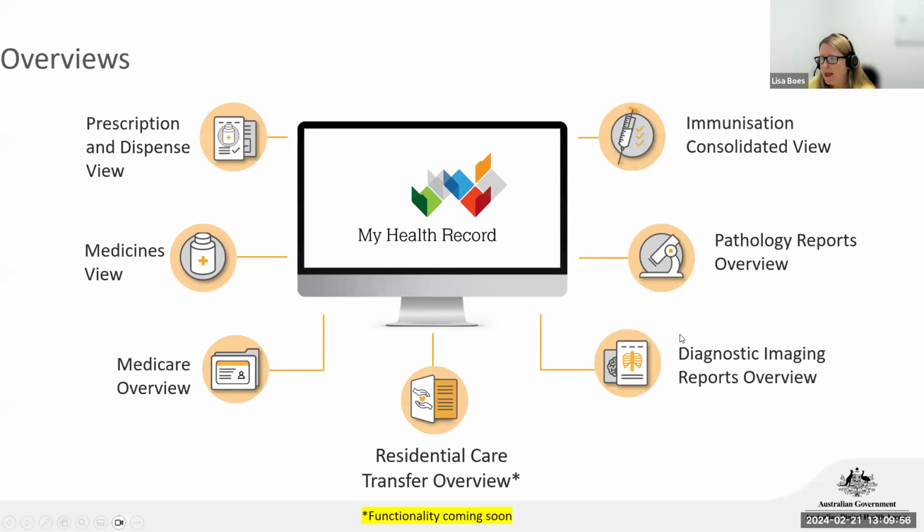To assist healthcare providers with easily finding the most relevant informational documents, the system generates consolidated views, which is shown on this slide. These include prescription and dispense view, medicines view, Medicare overview, immunisation consolidated view, along with pathology and diagnostic imaging report overviews, and the soon to be coming residential care transfer overview.